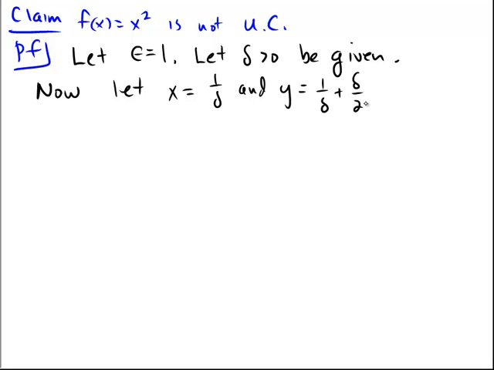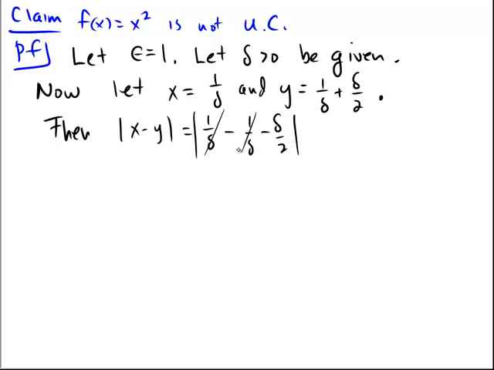You can refer to the textbook for the discussion that went into this, but we're just going to look at the proof and notice how this proves that this function is not uniformly continuous. The reason why this x and this y were chosen in particular was because now we could say that the absolute value of x minus y, the distance between x and y, is, well, x is 1 over delta, and y is 1 over delta plus delta over 2, so when I subtract that off, it's going to be minus 1 over delta minus delta over 2.